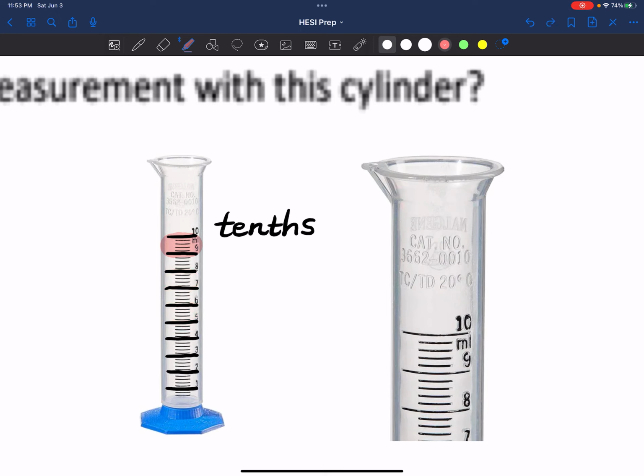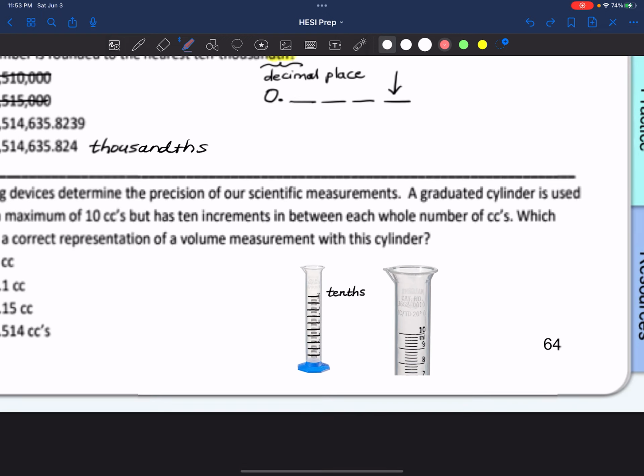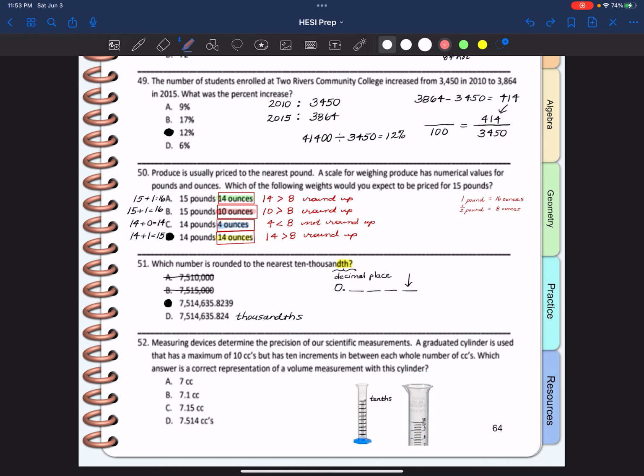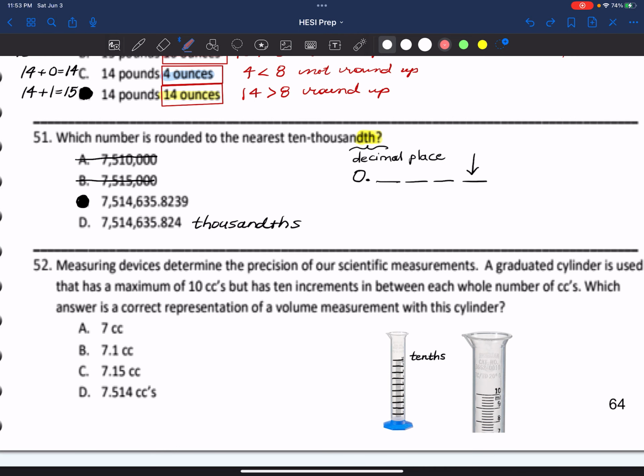So if we cut each of those 10 ways, what would be the next increment that we would get? Another way to think of it is that you have 10 cc units or milliliter units that are each divided into 10.